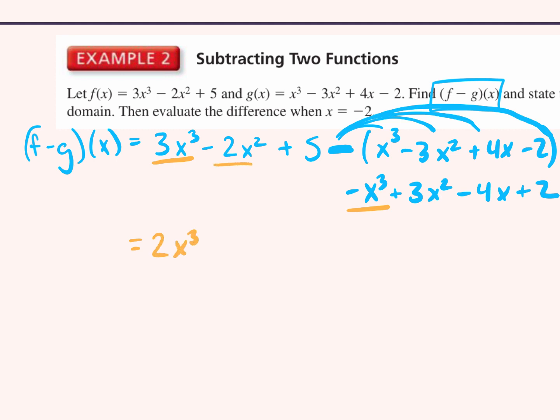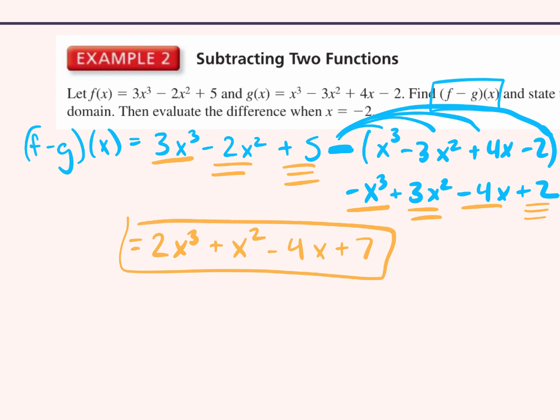What about negative 2x squared plus 3x squared? X squared. And I just have a negative 4x. And then my constant. So 5 plus 2. What's 5 plus 2? 7. So plus 7. So this is my f minus g of x.